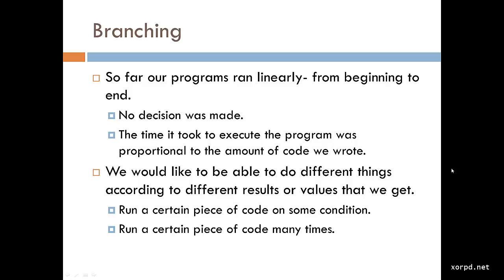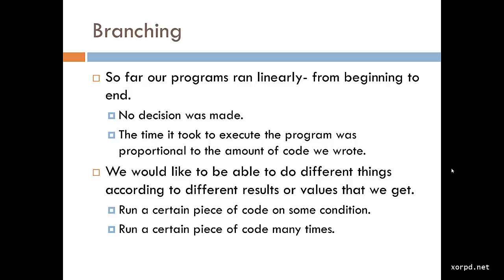Branching. So far, our programs ran linearly, from beginning to end. It means that no decision was made, and also the time it took to execute the program was proportional to the amount of code we wrote. That means that the program always finished very fast because it ran every instruction only once.